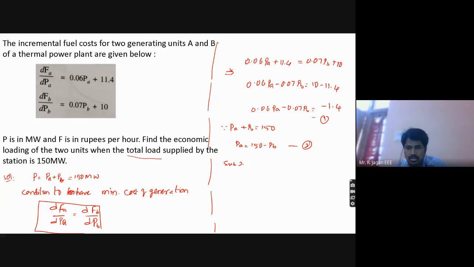Substitute 2 in the first equation. You can write 0.06 times (150 minus PB) minus 0.07 PB is equal to minus 1.4. So the value here is 9, I think. It is 9 minus 0.06 PB.